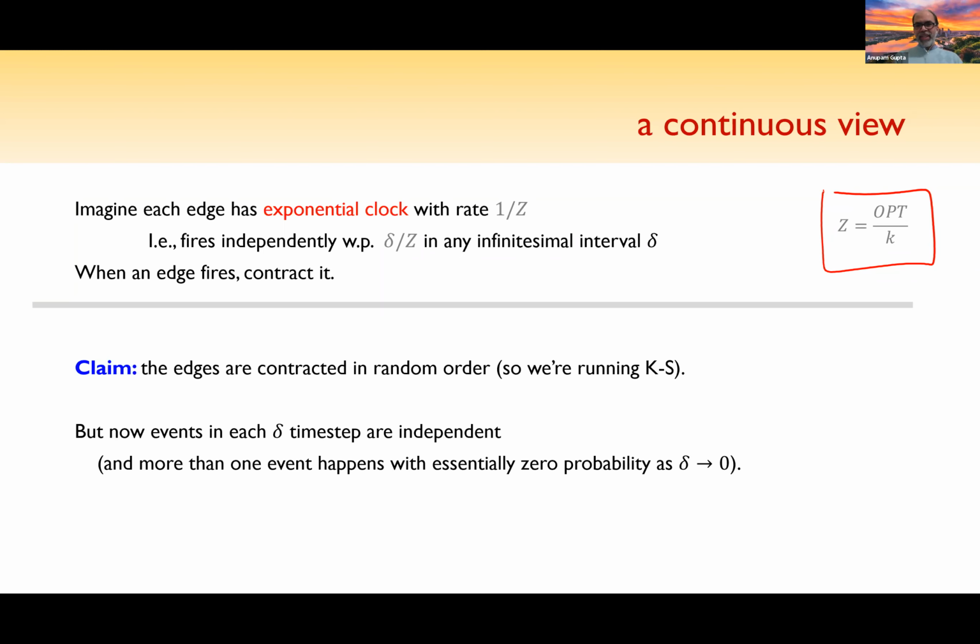And as delta tends to very small, only one event happens per time. Events are happening more rapidly at the beginning. It's like a firecracker, right? A lot of stuff happens at the beginning, and then it slowly slows down. And you'll see why this makes our life slightly easier.